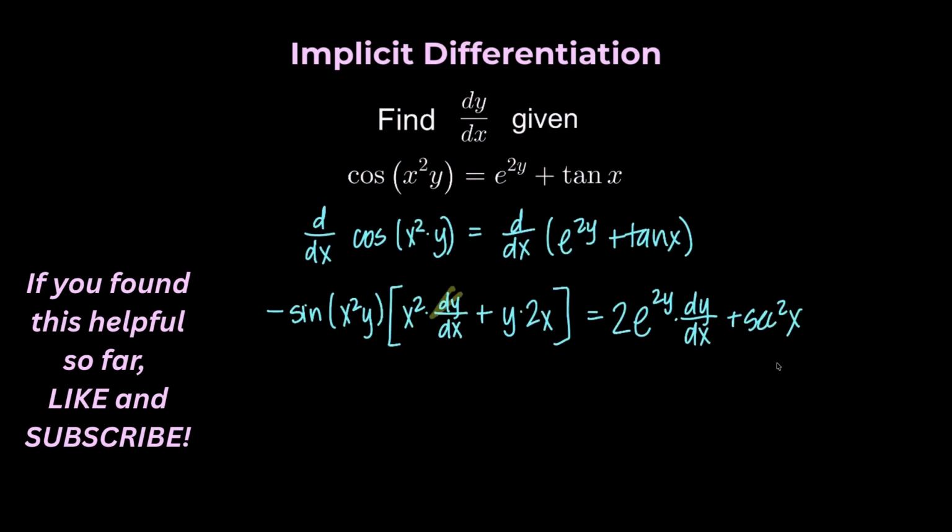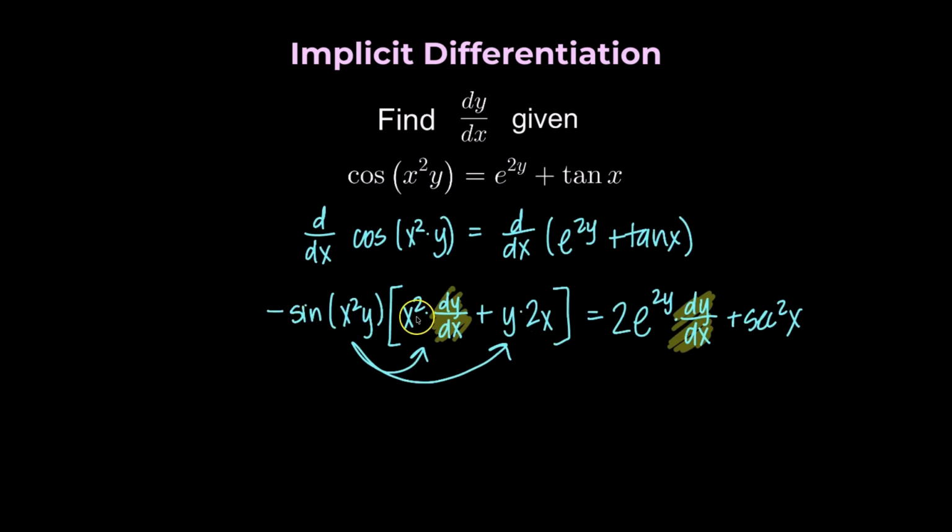I need to attempt to isolate dy/dx. So this next step is going to be distributing this entire negative sine of x squared y to each term in here so that I can have terms that I can add and subtract to the other side. I'm going to have negative x squared sine of x squared y dy/dx.